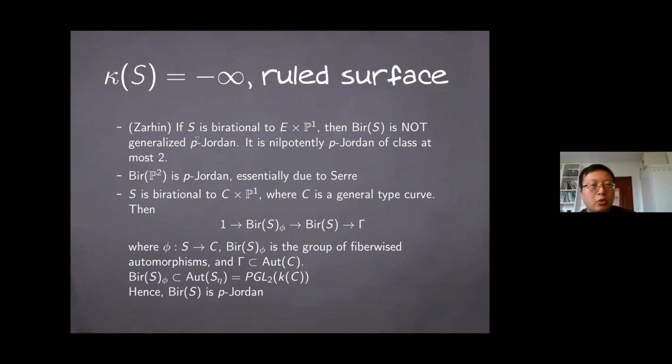Okay, so the last thing, let's go to the proof for the birational automorphism group of surfaces. First, Zarhin's construction showing that the birational automorphism group is not generalized Jordan can be moved almost identically to positive characteristic. You just have to be careful to choose some l which is not divisible by p.